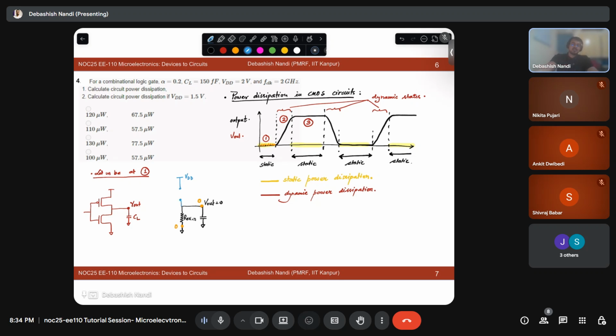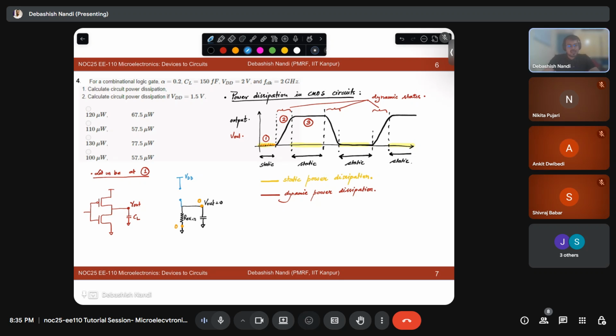So how much power am I dissipating in this cycle? We are at stage 1. At stage 1 my output is fixed at 0 volt and the other terminal of the resistance is also at 0 volt. What is the current flowing through the resistance? 0. So the power dissipation through the resistance is 0.